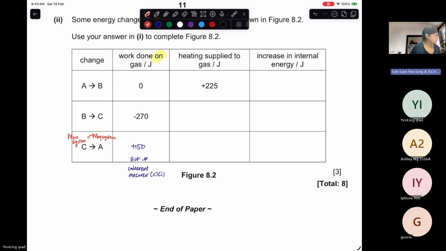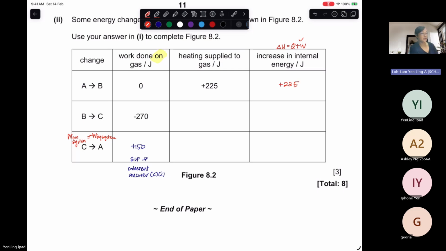Then the next thing we want to do is fill in our first law of thermodynamics, which is the next easier one to fill in. So if you look at A to B, the first one would be to apply first law of thermodynamics, increase in U equals Q plus W. This would be the easiest, and this would be positive 225. Okay, once you do that.